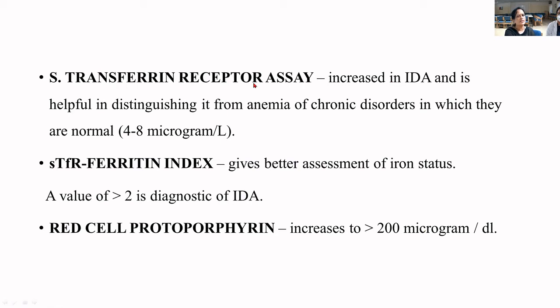Then the serum transferrin receptor assay you have written. What is this? It's an index of serum transferrin receptor to ferritin, which gives a better assessment of iron status. If the value is more than 2, it is diagnostic of iron deficiency anemia. Then red cell protoporphyrin increases to more than 200 microgram per dl in iron deficiency anemia.